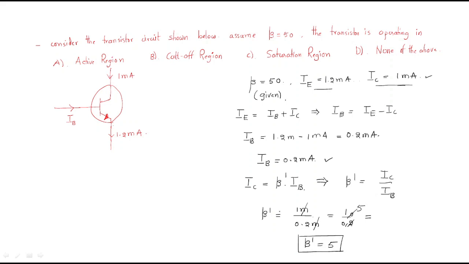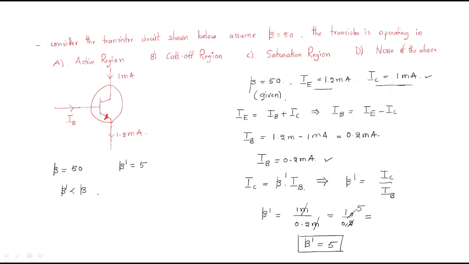So look at here. The given beta, the actual beta, is 50. But by using the currents we are finding the beta value, beta dash equal to 5. Whenever the beta dash value we find is less than beta, what is the meaning?